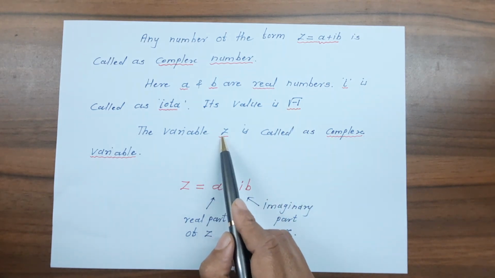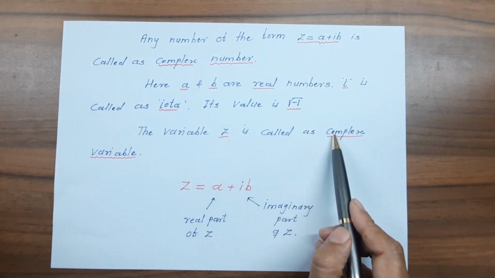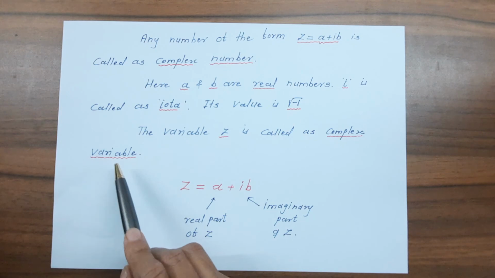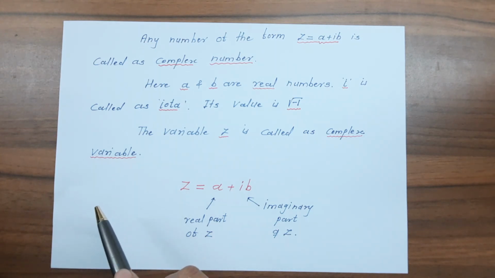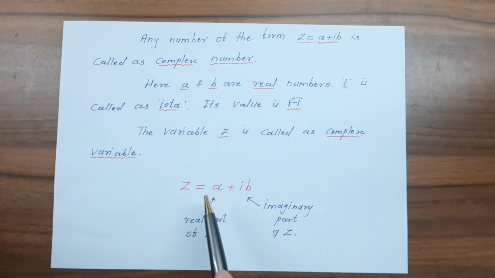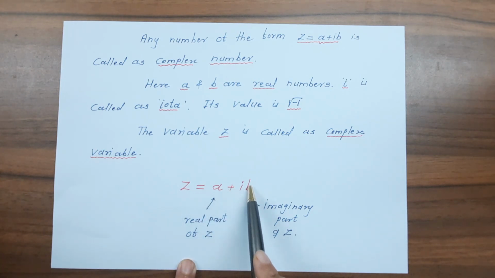The variable z is called a complex variable. Thus, the complex number can be given as a combination of real part and imaginary part. Here, z is equal to a plus ib.